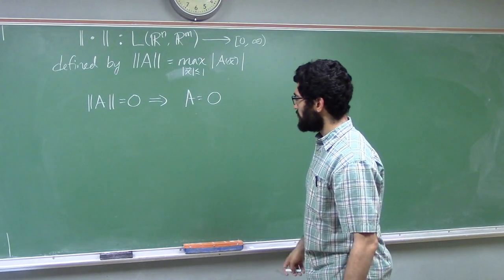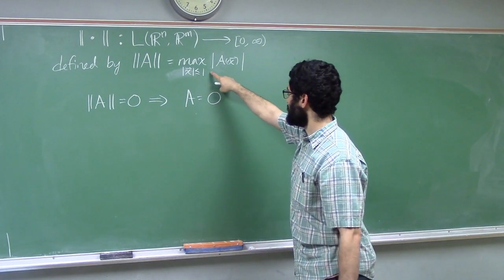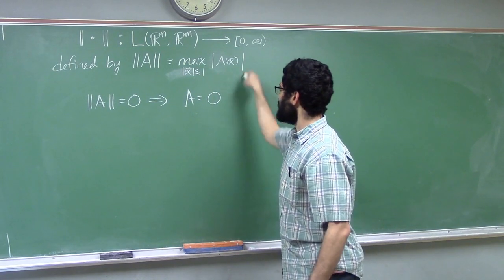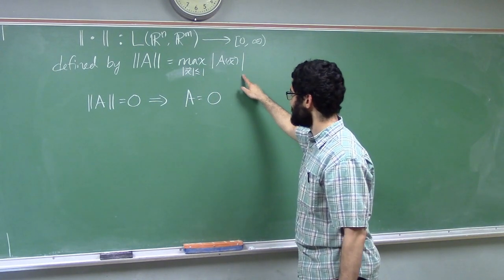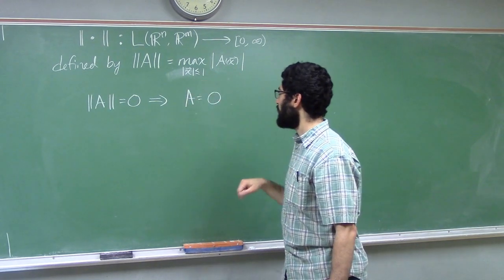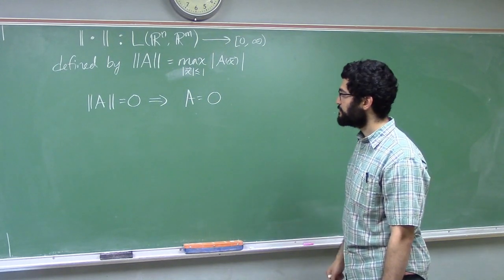I guess this one is pretty obvious. If the maximum of all of these is 0, and all of these are non-negative, then all of these must be 0. So A vanishes on everything in the unit ball, so A definitely vanishes on a basis. So A has to be the 0 linear map.